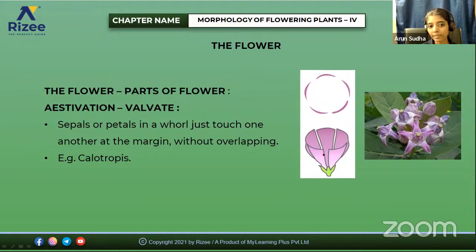Here they just touch one another without overlapping. An example is calotropis. While drawing this, we have to be clear that these two lines should not touch each other. So this is the valvate estivation.